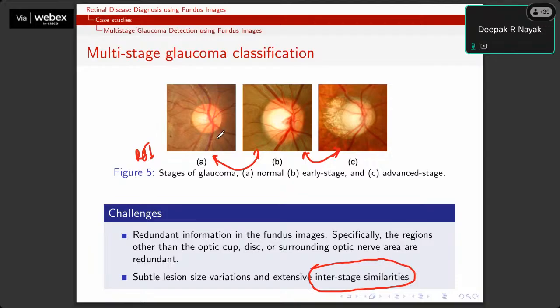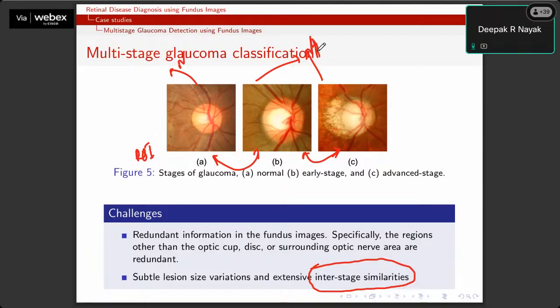Fine. So I hope you got the idea of what exactly, and why, this multi-stage glaucoma classification is challenging compared to the binary classification task which we did earlier, where your task, given a set of images, is only to say this is normal and these are abnormal.